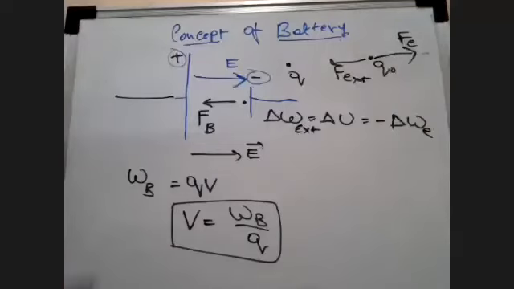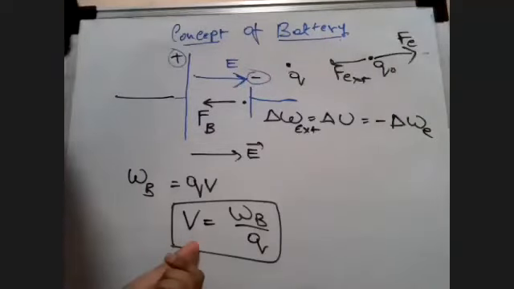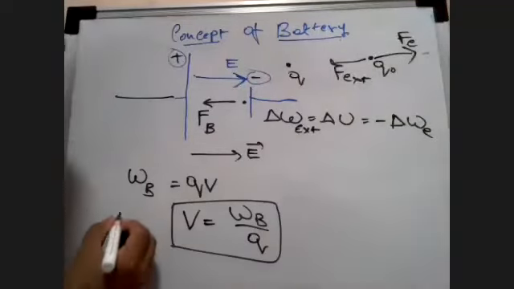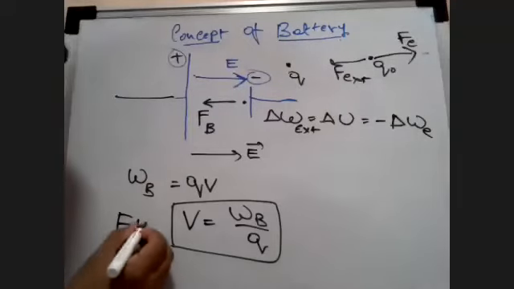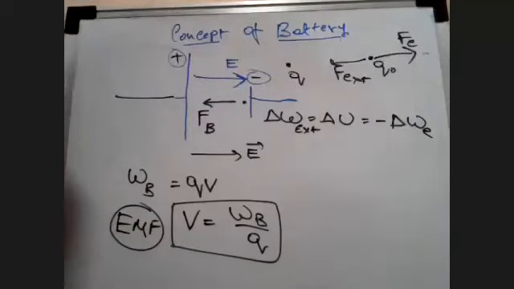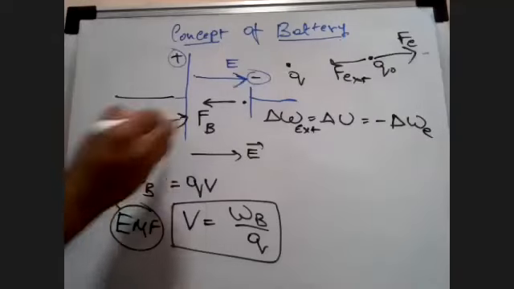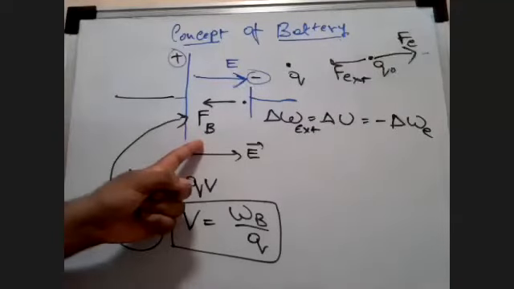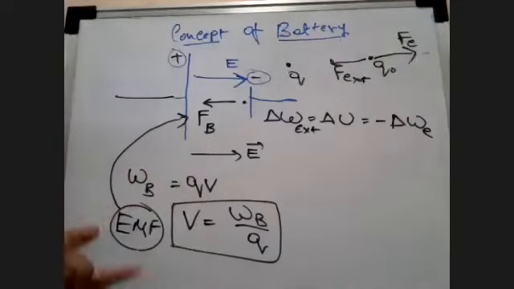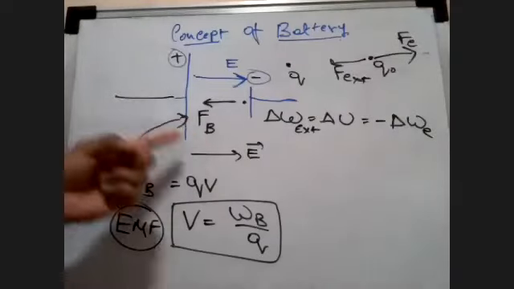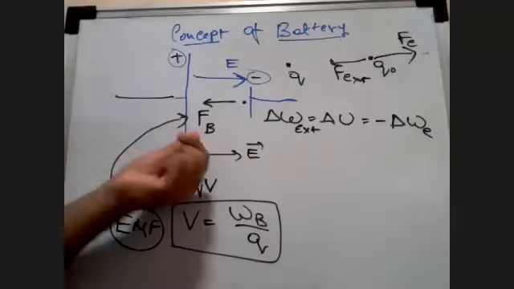This potential right here is also known as EMF, electromotive force. And why do we call a potential electromotive force? We call this electromotive force because of the force which is developed by this battery due to chemistry, due to the plates and the acid which is developing this force.